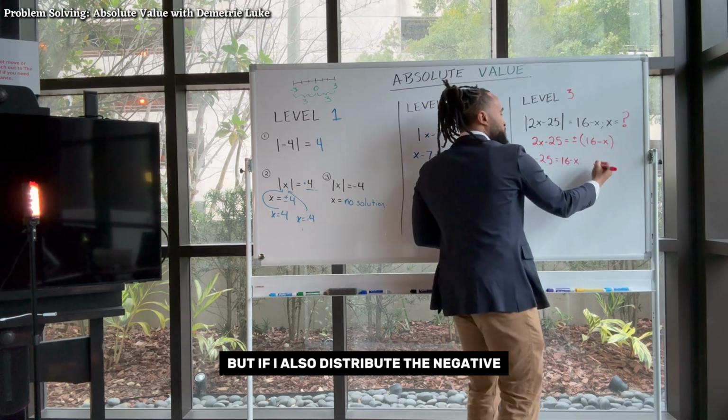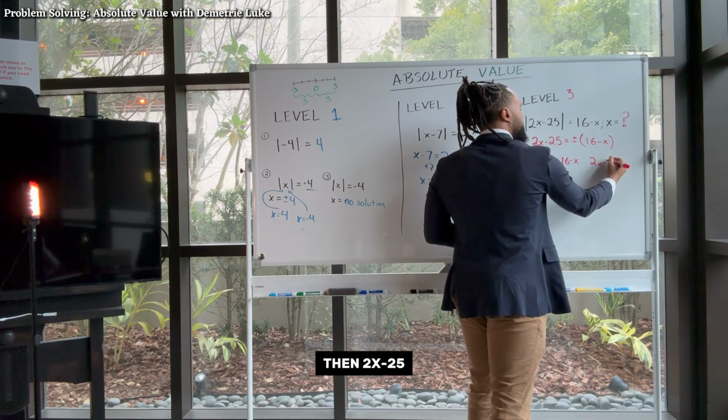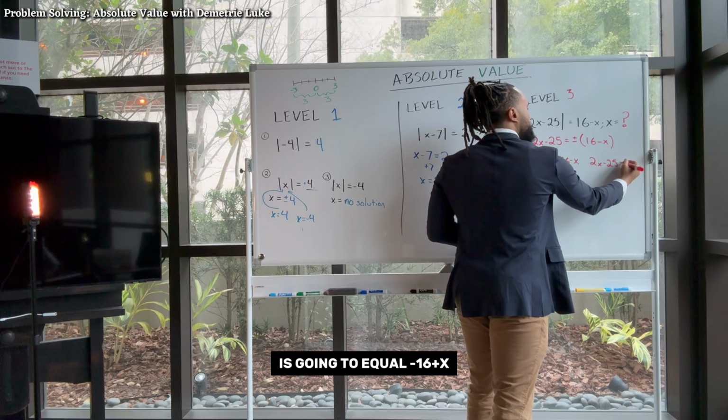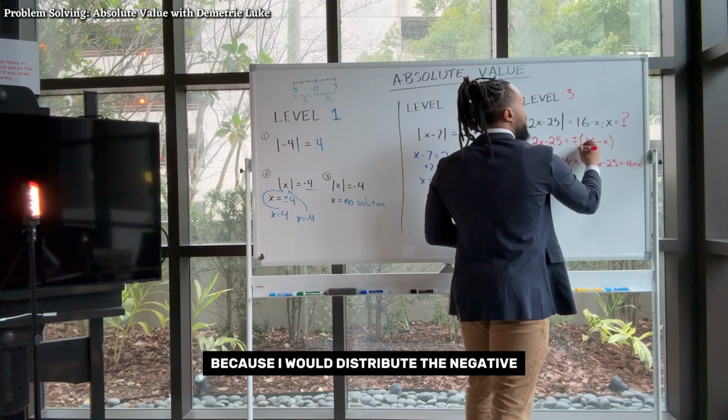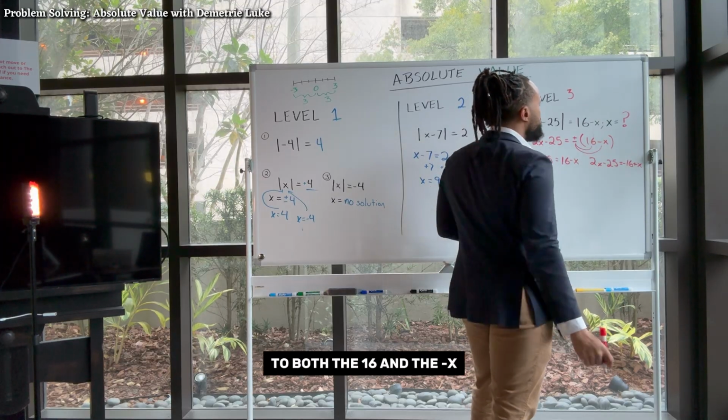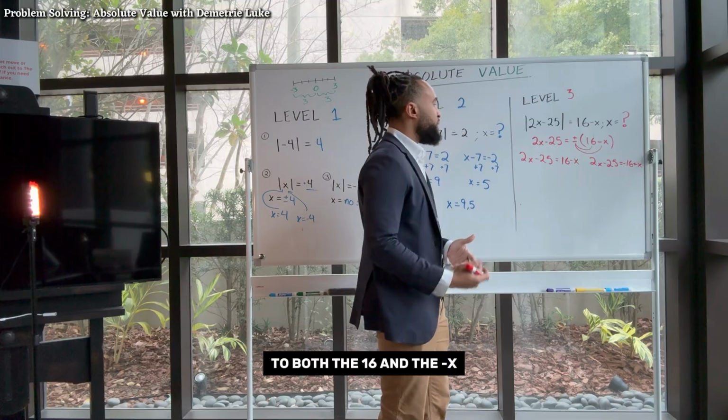But if I also distribute the negative, then 2x minus 25 is going to equal -16 plus x, because I would distribute the negative to both the 16 and the -x.